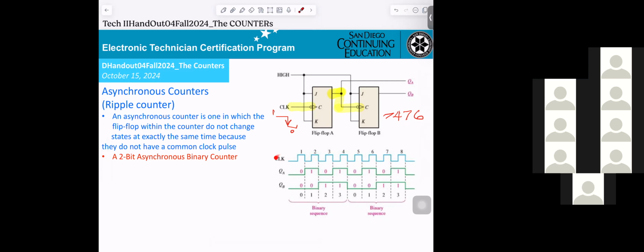This is the clock applied: 0, 1, 0, 1, 0, 1.